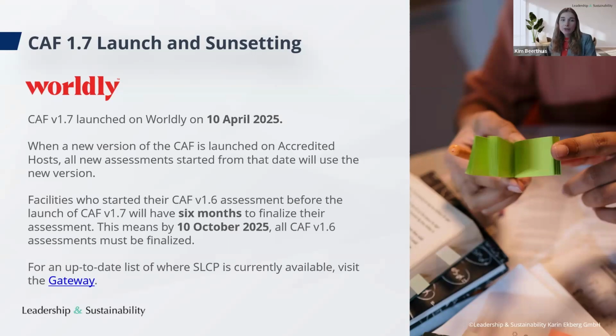And these facilities need to finalize their assessment until the 10th of October this year because they only receive 6 months to finalize it. As Julia already has said earlier, there's about 119 countries now where SLCP is available. And here on the link of the gateway, you can find a complete list of which countries are accepting and approved for SLCP.